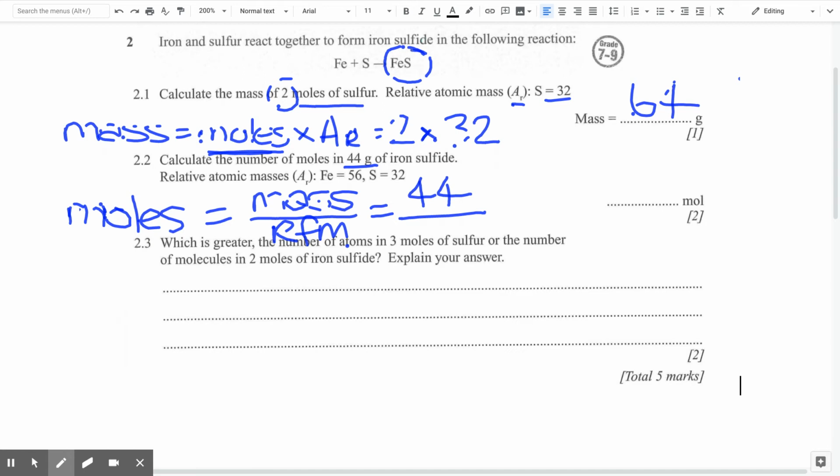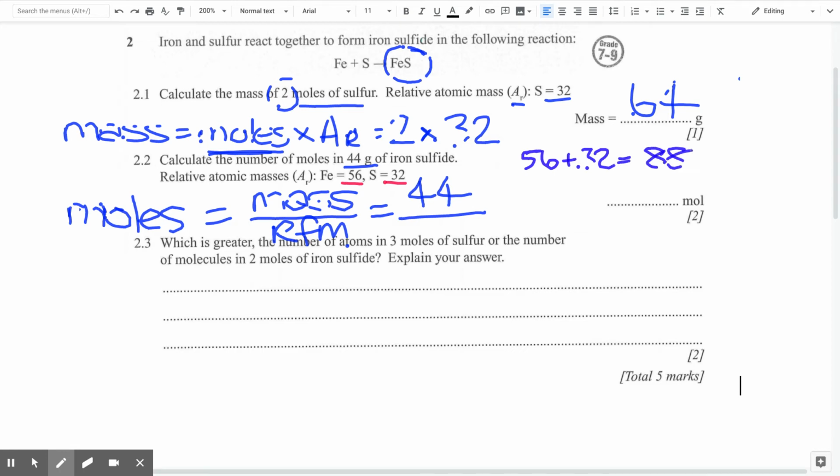We're told here that iron is 56 and that sulfur is 32. So we've got one lot of 56 added to one lot of 32. 56 add 32 gives us the RFM of iron sulfide, and that comes out as 88.